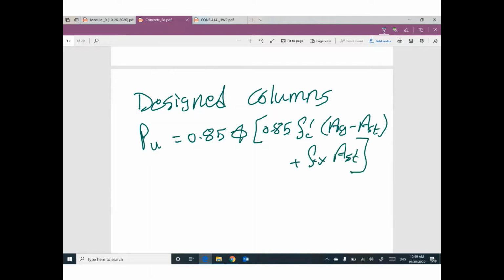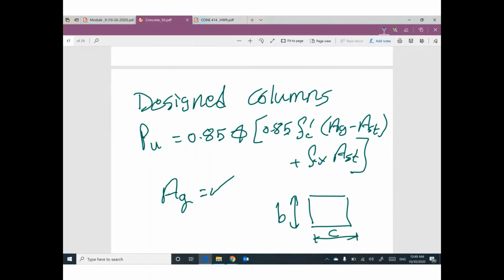That's right. So from this equation, I figured out the value of area gross of the column. I figured out the cross section of the column, which is B and C.